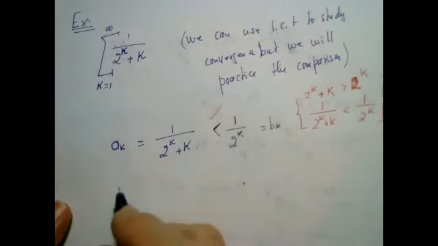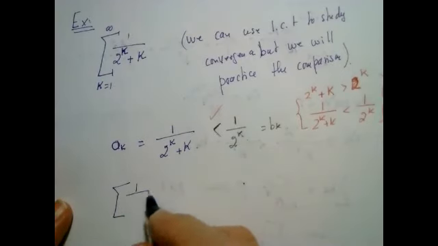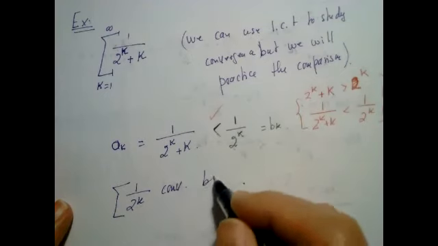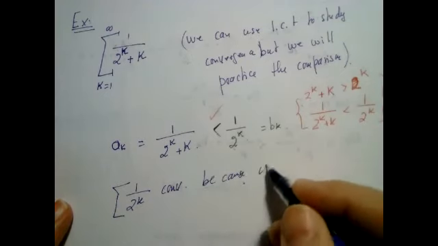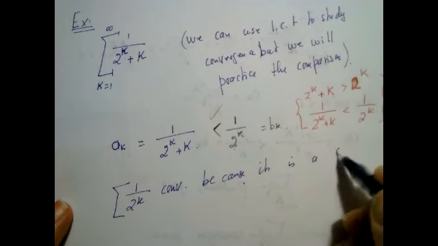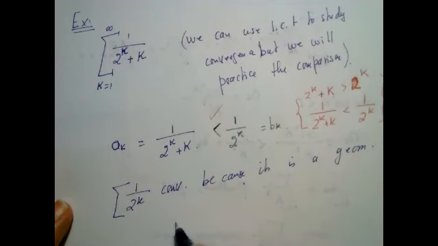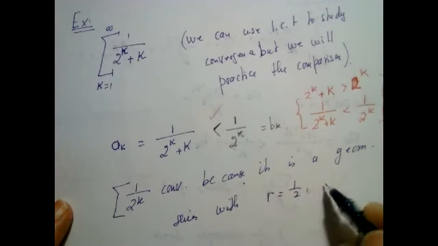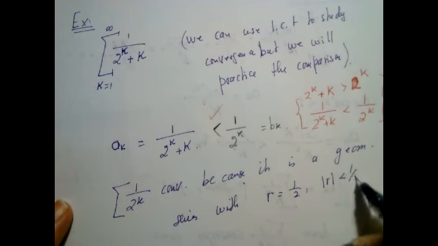Now we can say sigma 1 over 2 to the k converges because it's a geometric series with ratio equal to 1/2, with r less than 1.